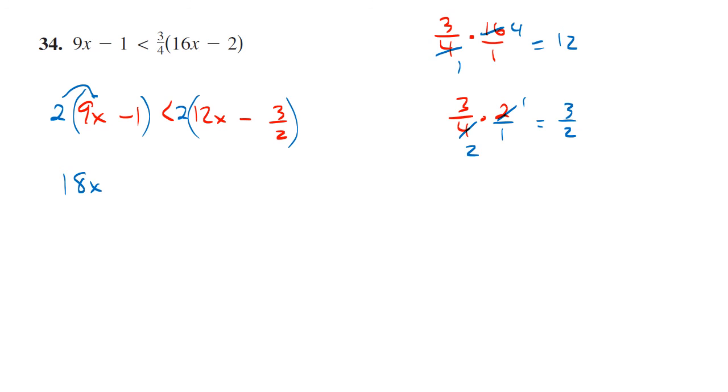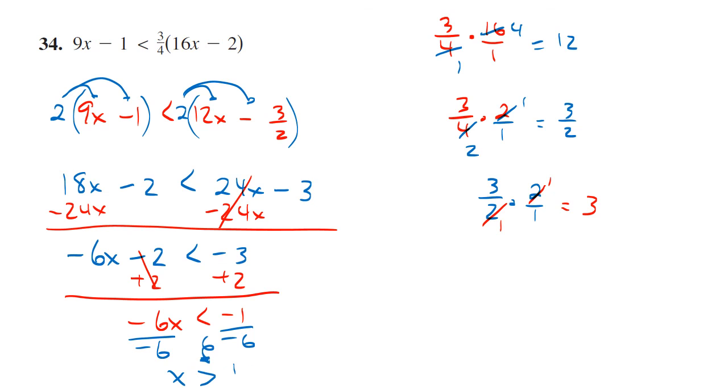So 2 times 9 is 18, 18x. 2 times 1 is 2. Less than. 2 times 12, let's see, that's going to be 24, 24x. And then 2 times the -3 over 2. So 3/2 times 2.